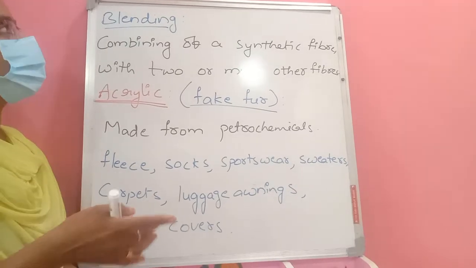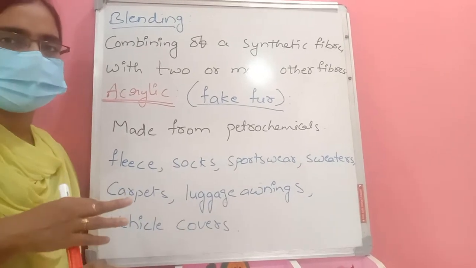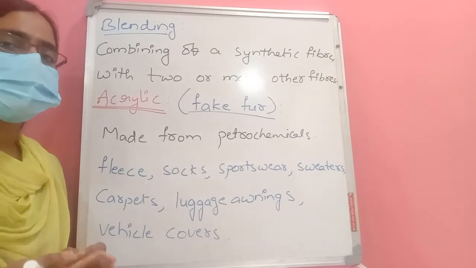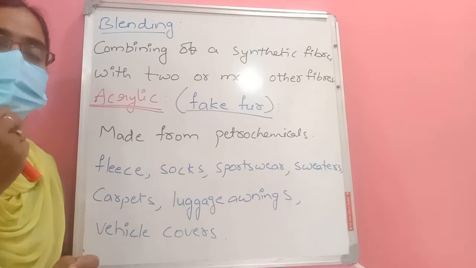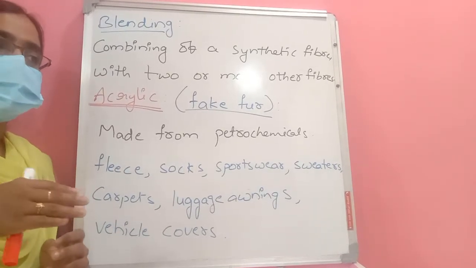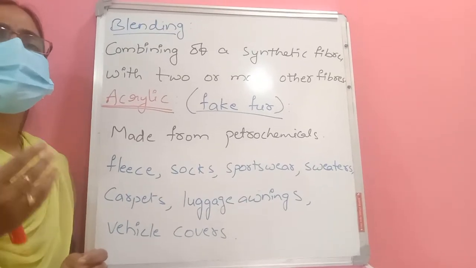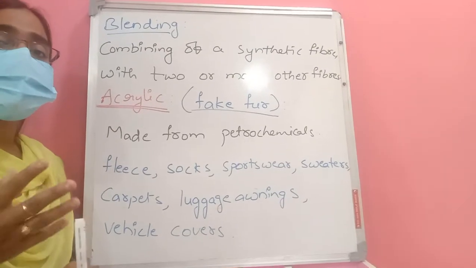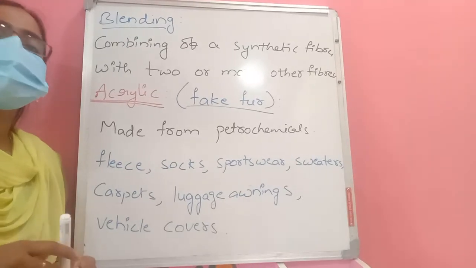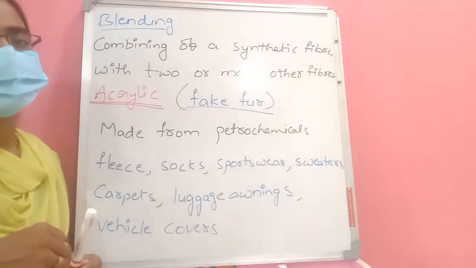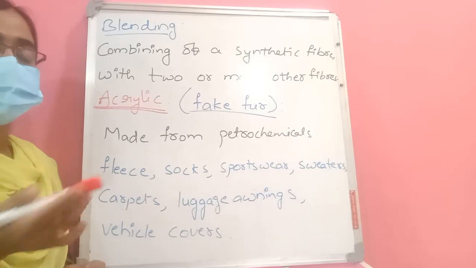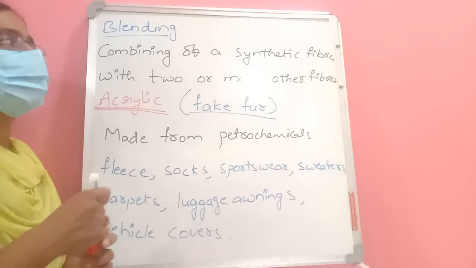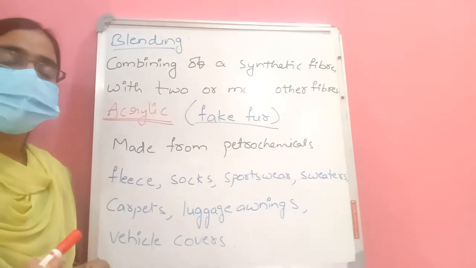Rayon is synthetic and cotton is natural. If we add some cotton to synthetic rayon, we get a good quality cloth. If you wear synthetic fibers, they cause irritation, because synthetic fibers are prepared from chemicals, and those chemicals irritate our skin. So we have to use natural fabric. But we may not get that much natural fiber, and natural fibers also have some disadvantages.